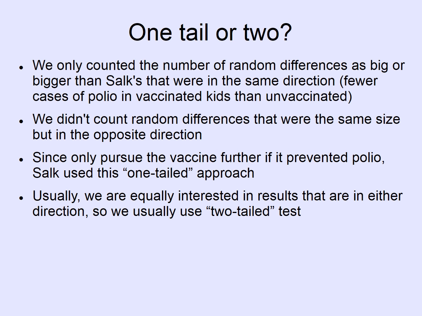Okay, one tail or two. We're going to talk about this more and more. But when I was looking at the Salk vaccine example, we looked at differences that were bigger than what was found in the study. And so what I was showing you was a one-tailed approach, just that right tail we were looking at and the probability over there.